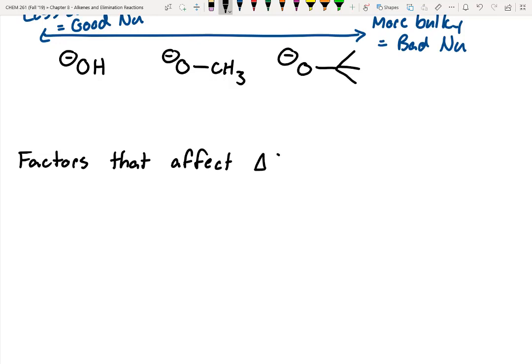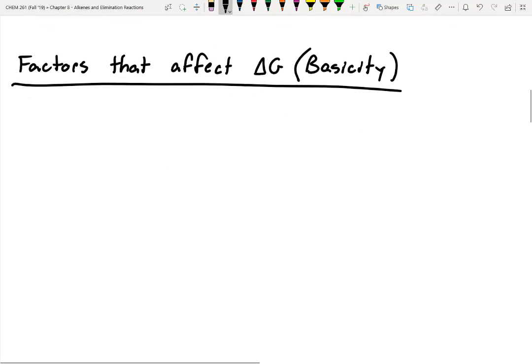All right, last but not least, let's finish up just going over factors that affect delta G, meaning basicity. We said stability matters. And really this follows the cardio rules.